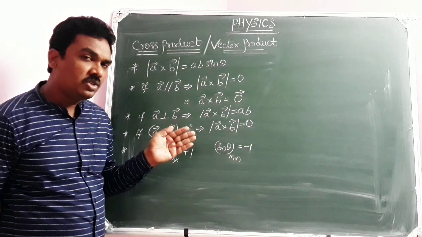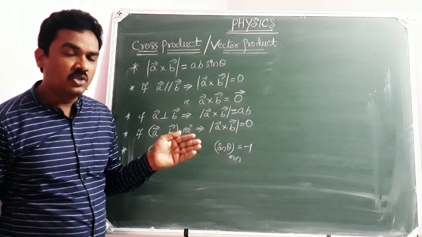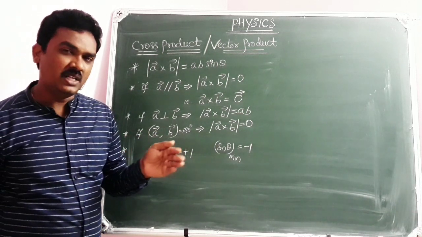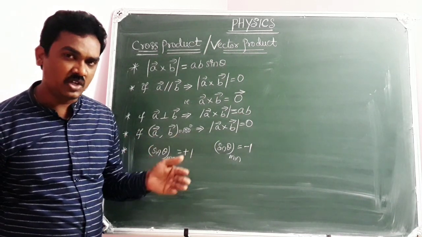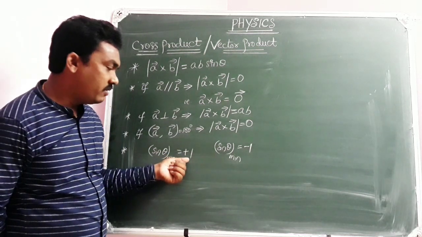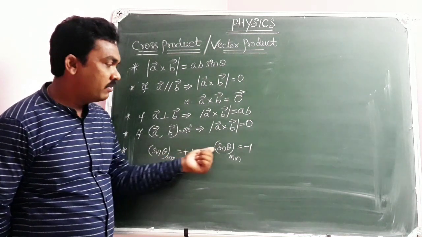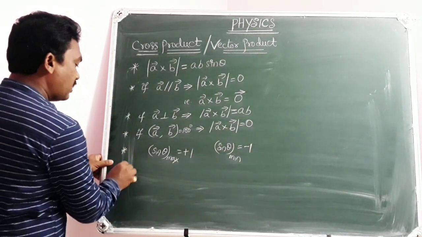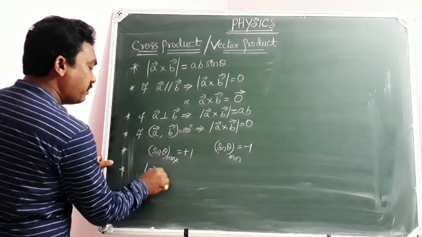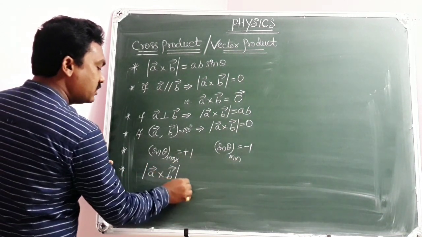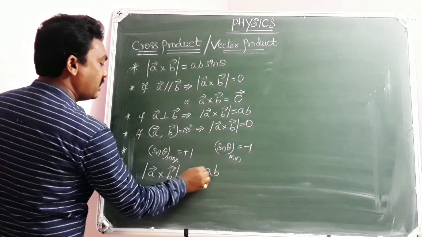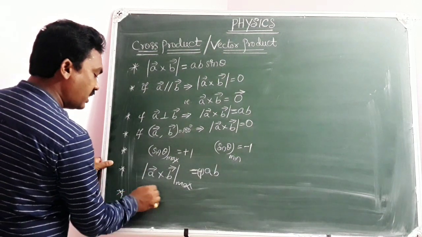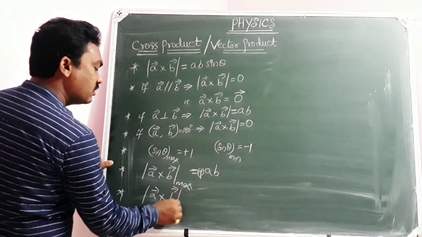So if the angle between them changes from 0 to 180 degrees and then 180 to 360 degrees, the maximum value will be at 90 degrees and the minimum value will be at 270 degrees. That's the reason why the maximum value that A bar cross B bar can take is plus AB, and the minimum value is minus AB.